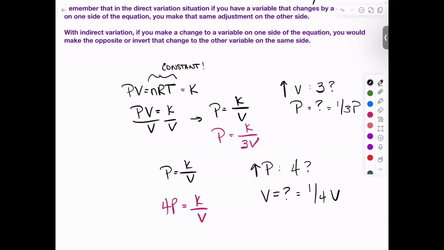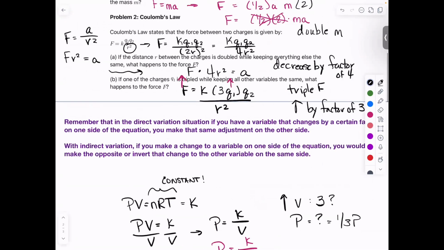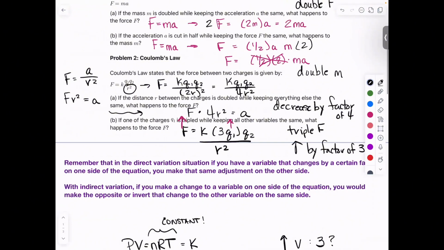You can even have a higher factor, depending on the situation. And always, as a reminder, back to A: notice we doubled R, but R is squared. Put those parentheses in and make sure you track those changes. Yes, we are doubling R, but we're increasing that overall denominator by a factor of 4.